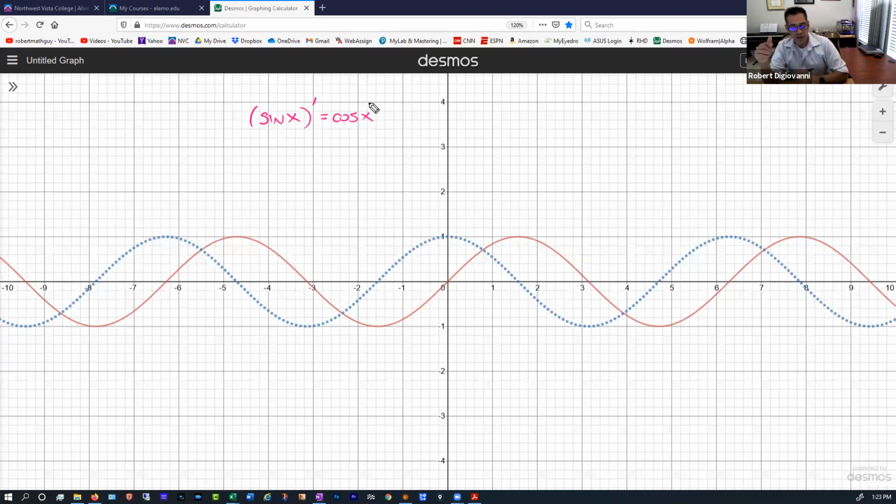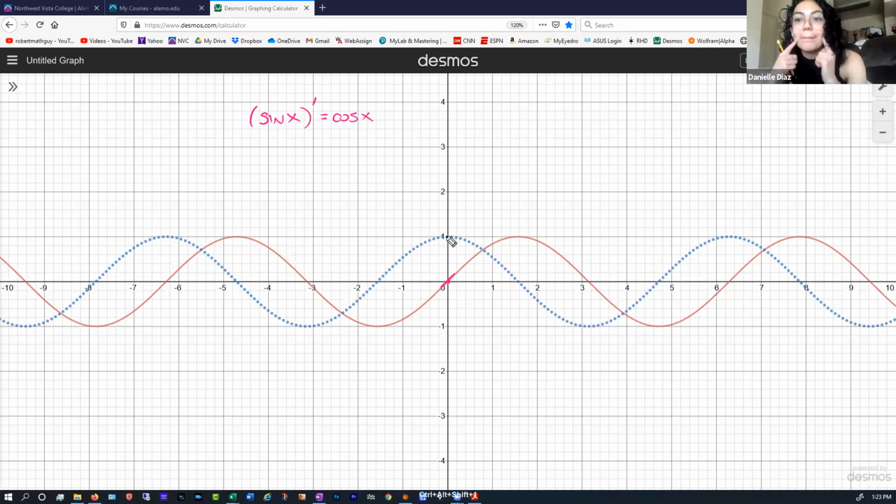Now, let's look at this first point at 0. Would you all agree that at that point, the slope of the tangent line on the sine function looks like it's a perfect diagonal, which means the slope would be 1? Y'all agree with that? So that means if I'm plotting the derivative, it would be a value of 1.